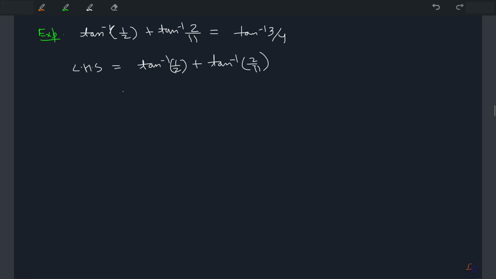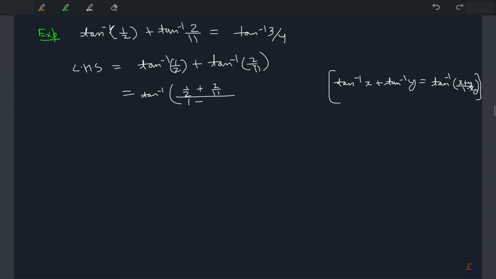Okay, so now here you utilize the property. What we studied till now: tan inverse x plus tan inverse y is equal to tan inverse of (x plus y) upon (1 minus xy). This is just what we saw there, right? So utilize this formula and put the values. So (1 by 2 plus 2 by 11) divided by (1 minus 1 by 2 into 2 by 11), right?